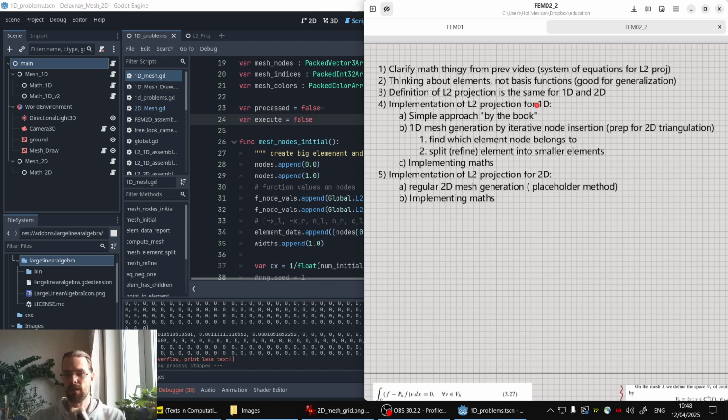So today we will discuss the following. First of all, I will return to the topic of our previous video, where I tried to explain my intuition for L2 projections. We'll clarify one thing there, and then we will change the way of thinking, which will affect our implementation.